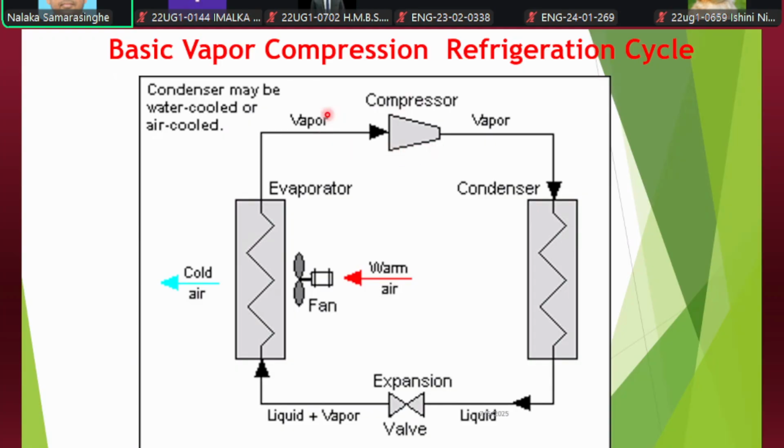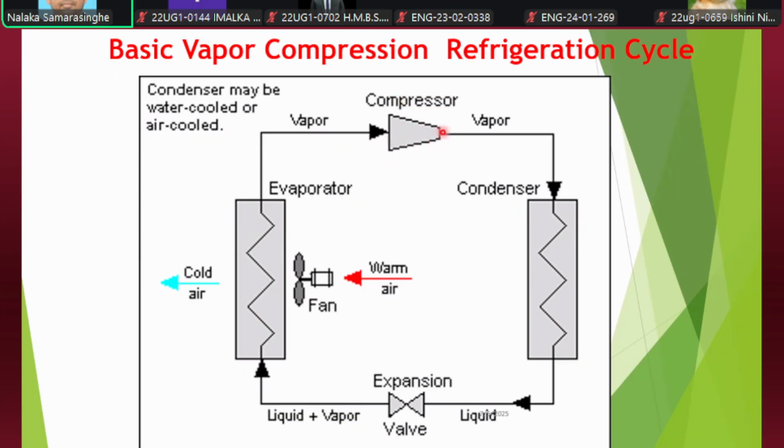Okay. If you look at the working of this vapor compression refrigeration cycle, the refrigerant vapor comes in from the input side into the compressor, and the compressor compresses it.